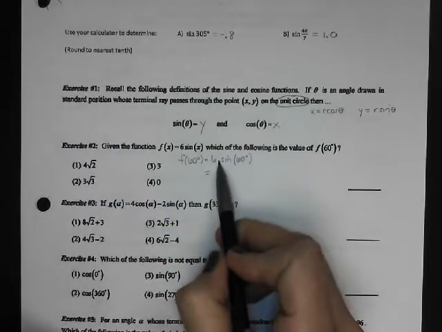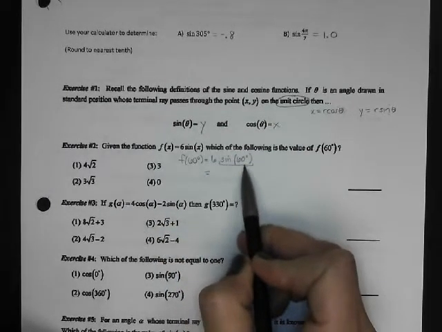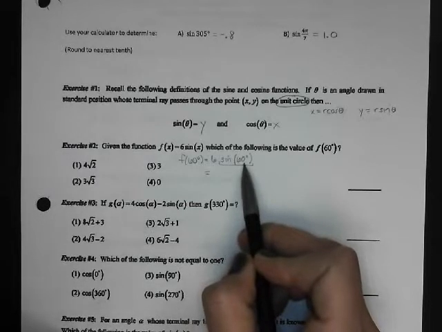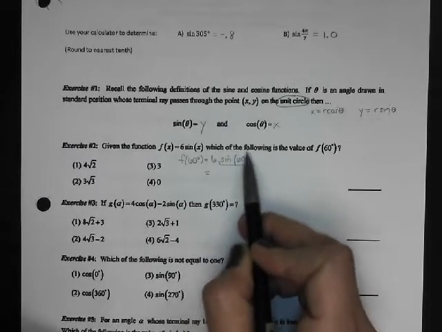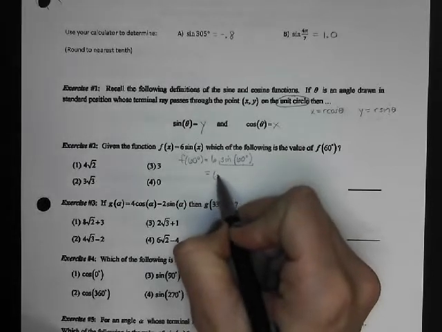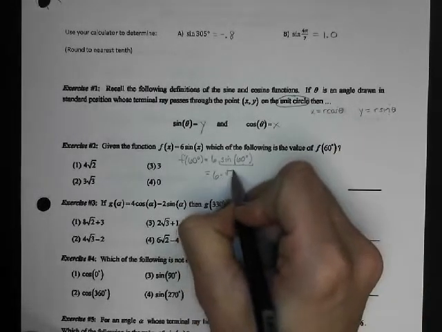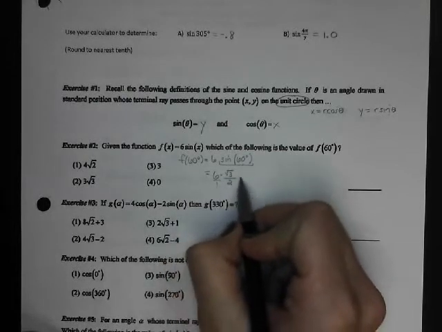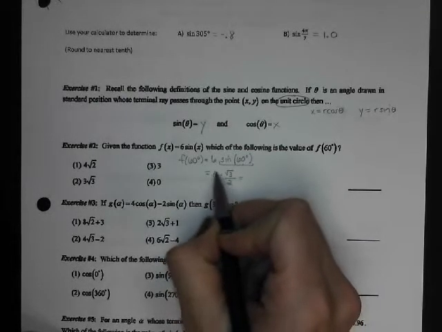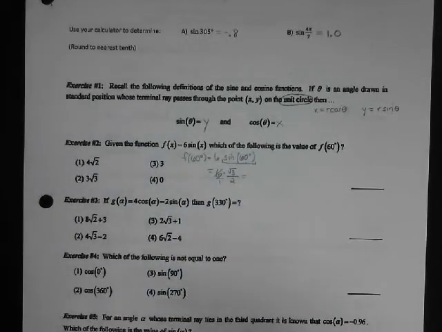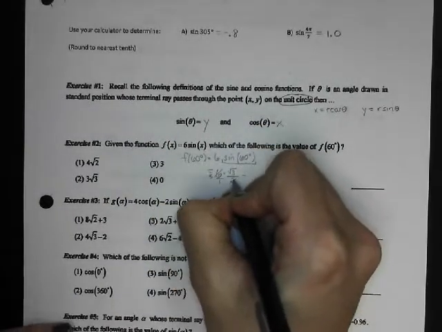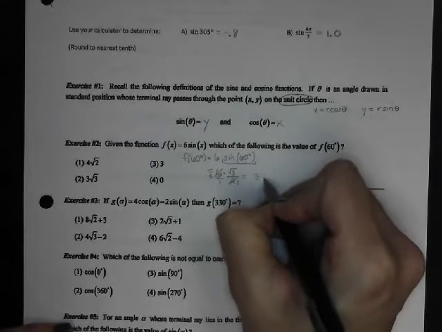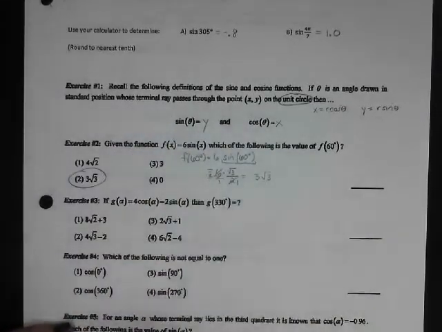And this is a value, anytime it's a 0, 30, 45, 60, or 90 angle, this value comes from your table. The 6 stays, and the sine of 60 is root 3 over 2. So this 6 technically being over 1, if you reduce the 6 with the 2, you get 3 over 1, which is 3 root 3, option 2.